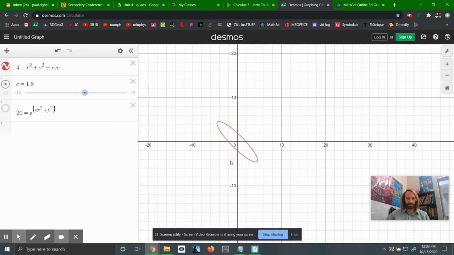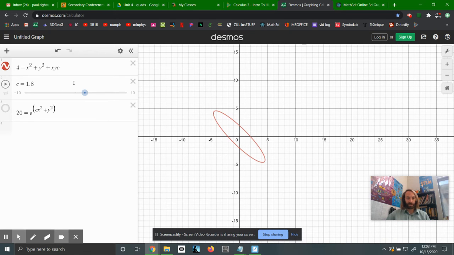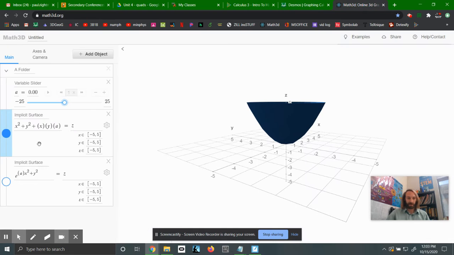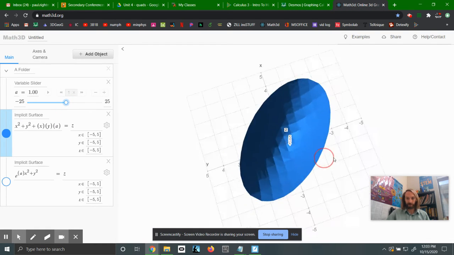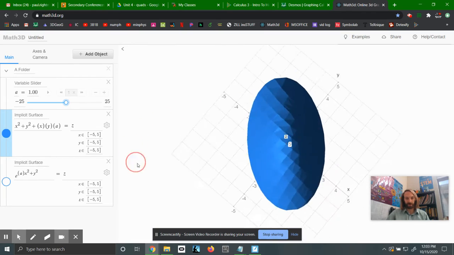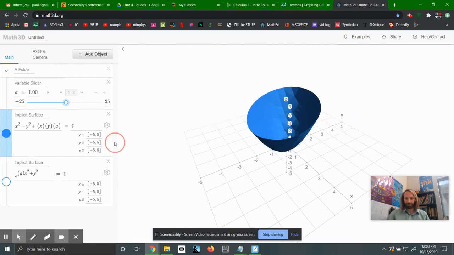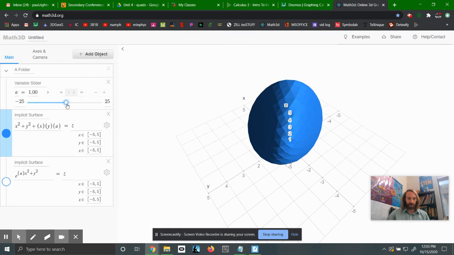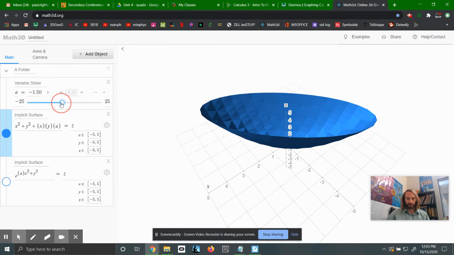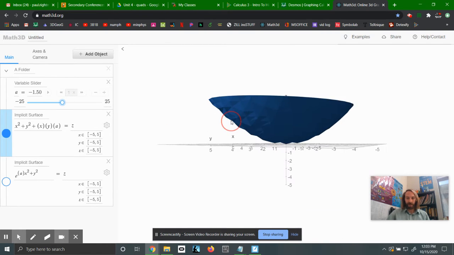And here it's probably not too hard to think that you're basically getting, instead of a circular paraboloid, an elliptical paraboloid. And that really is what you get. Like if I slide this a little bit, here you get an elliptical paraboloid when it's set to 1. And if you go to the negative, you get that too.